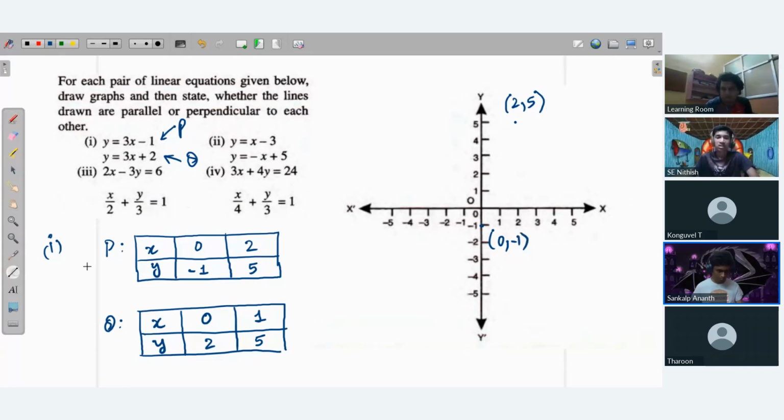Joining these points, the line is like this. For the second line, which is Q, 0 comma 2 is here. Oh wait, I made a mistake. 1 comma 5, 1 comma 5 is here.